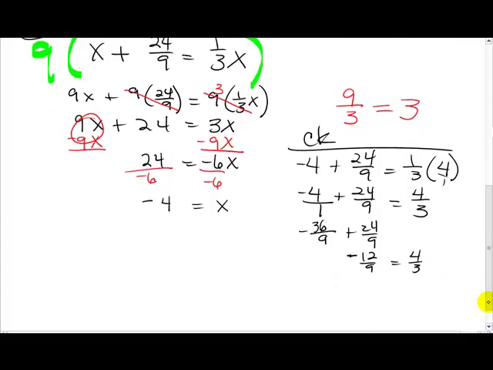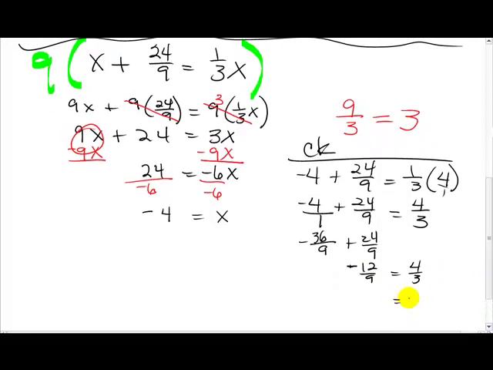Not equal yet. But when I go to reduce this, let's see. Am I missing a negative somewhere? Yes, here. This is supposed to be a negative. My answer says it's negative 4.